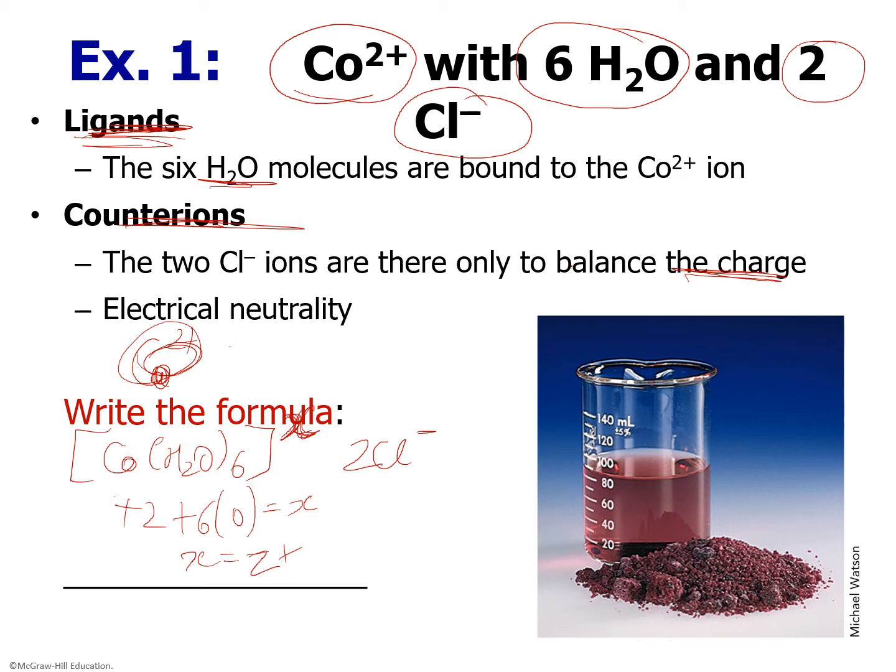Which means when I write this formula, I can replace this X with 2 plus. And then I have 2 Cl minus neutralizing it, which means these two here and these two chlorides are going to cancel each other out. So if you write this crisscrossing it, the total charge of Cl is going to be 2 Cl 2 minus, right? If you crisscross this, that would give you a formula of Co(H2O)6 times two of these and two of these.